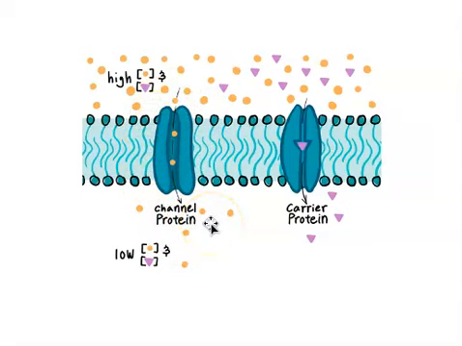The yellow circles are going to move from the side with the high concentration through the protein to the side with the low concentration. The protein is shaped in a way that gives it a literal tunnel, a channel through the middle.